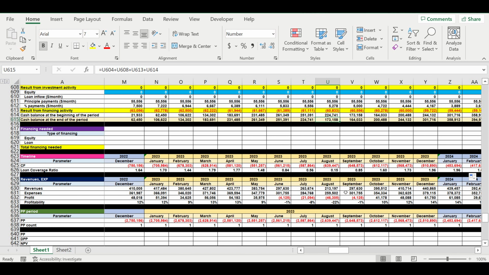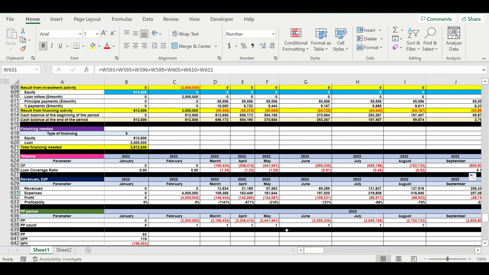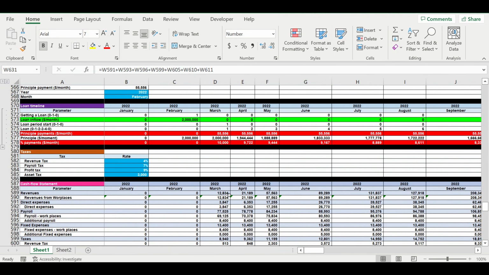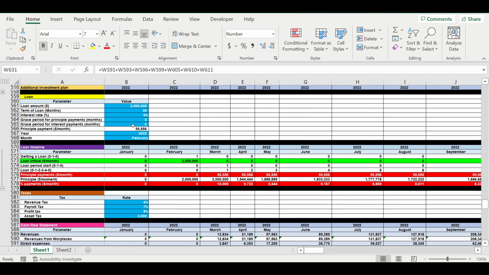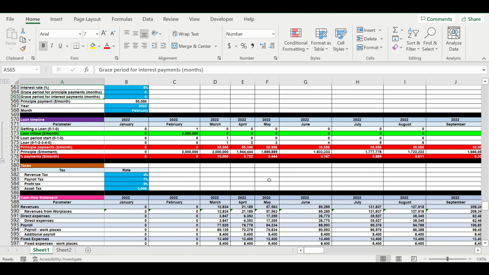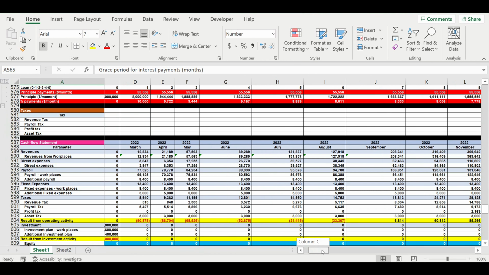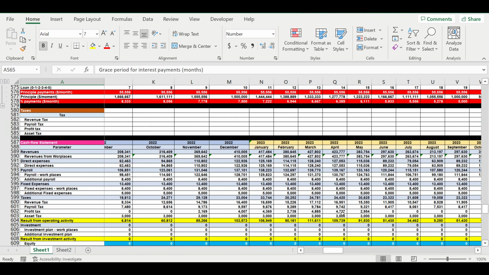Maybe you should find another bank with a lower interest rate, or another type of loan, because for example, you may find a loan with a longer grace period for interest payments or principal payments. So you have, for example, a 6-month or 12-month grace period, and when your business reaches the break-even point, you will be easily able to pay the debt.